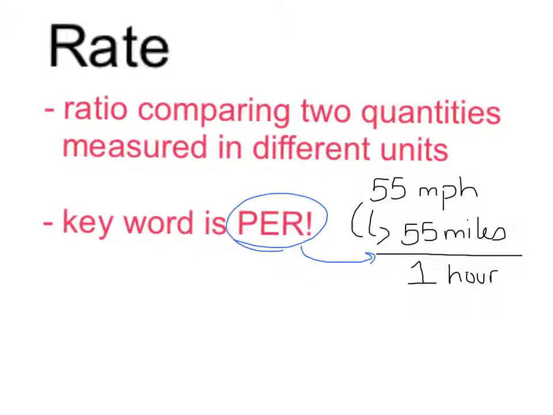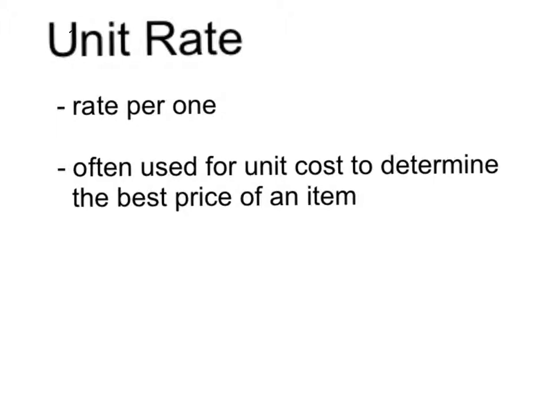Okay. So ratios are comparing two quantities. In this case, I'm comparing the 55 miles to the 1 hour. They have different units, but this is what makes it a rate. And most times I can tell a rate because it has the word per in it, as in 55 miles per hour. When I begin to look at what's called a unit rate, it's a rate per 1.